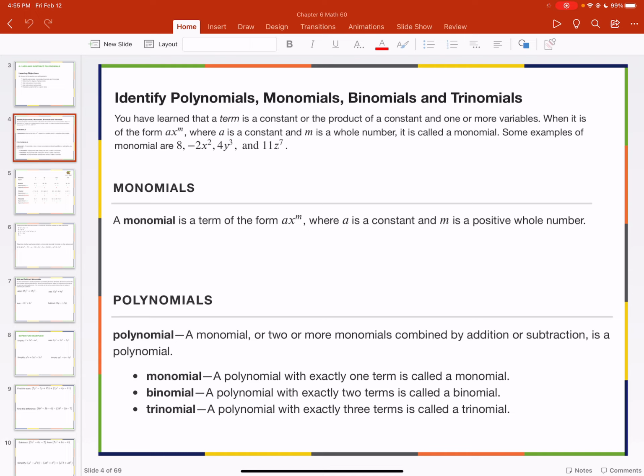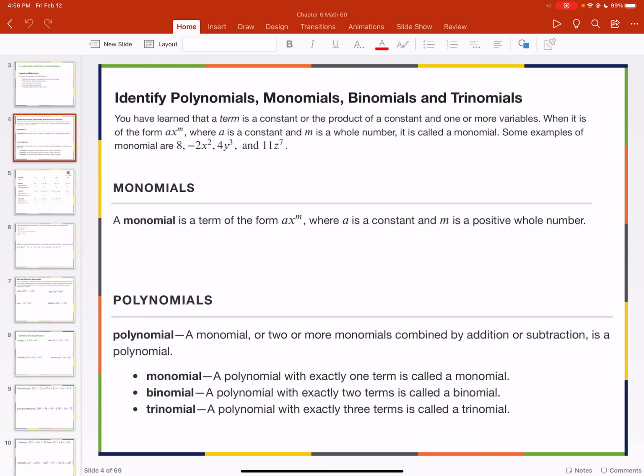And the book defines a monomial as a term of this form ax to the power m, where a is a constant and m is a positive whole number. So basically, all the numbers are monomials.